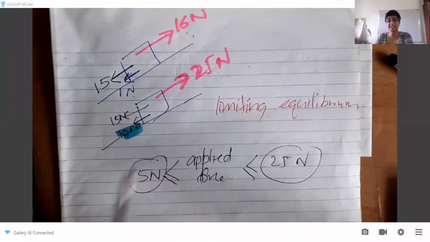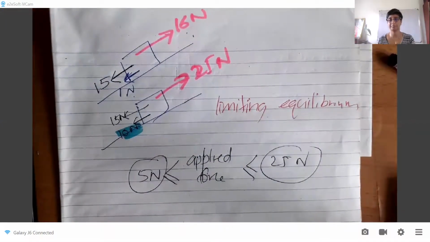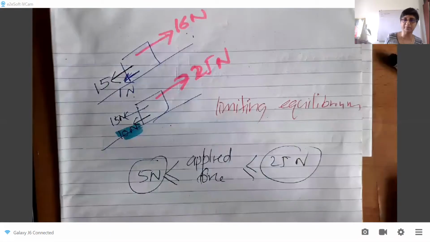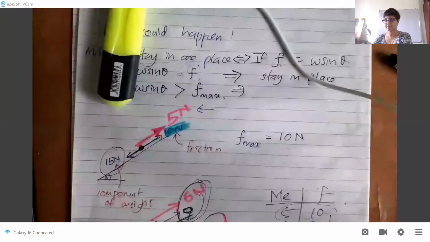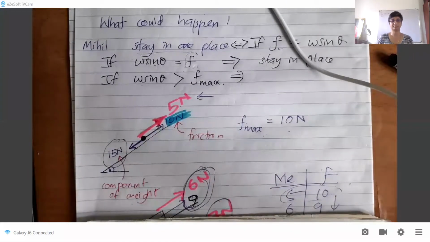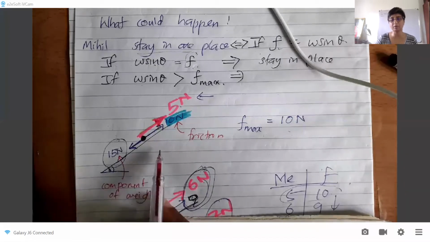Here, the object is about to move up or down. Limiting equilibrium means it's about to move. Very good. It's about to move up. If I change this to 25.1, it will start to move up. Here, limiting equilibrium. Is it about to move up or down? Here, it's about to move.